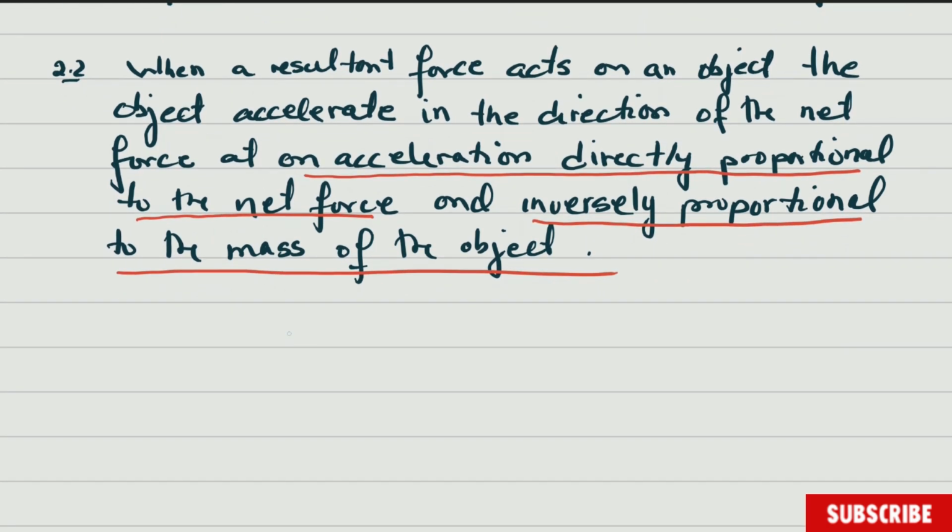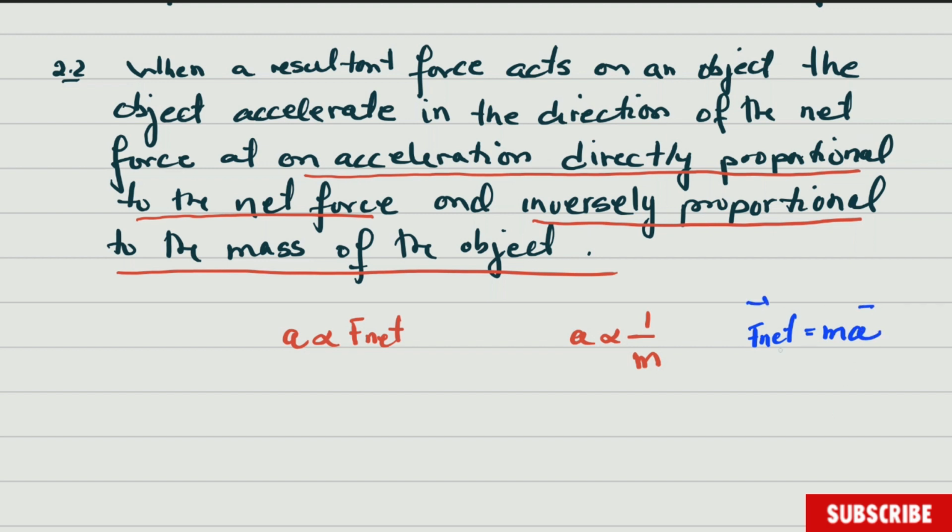In symbols, we'll say that acceleration is directly proportional to net force and the acceleration is inversely proportional to the mass of the object. The formula for this law is F net is equal to the product of m and a.